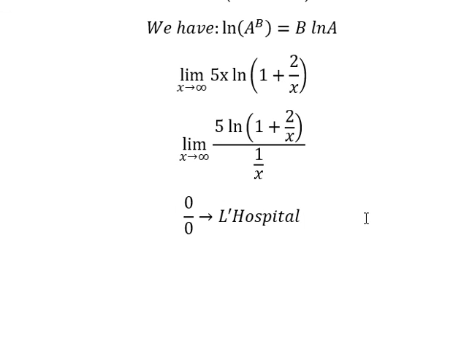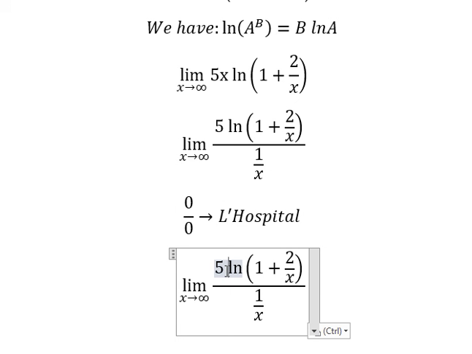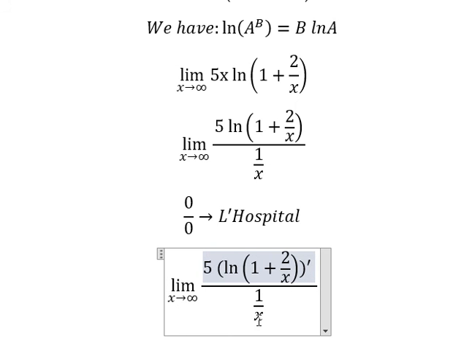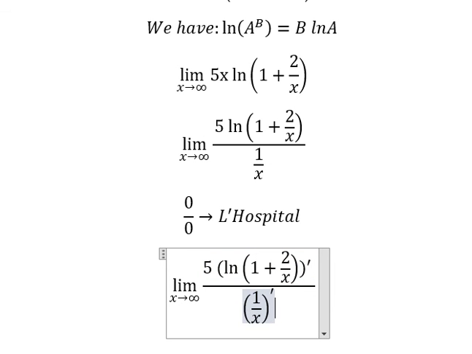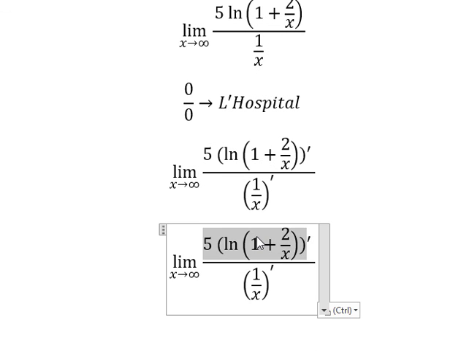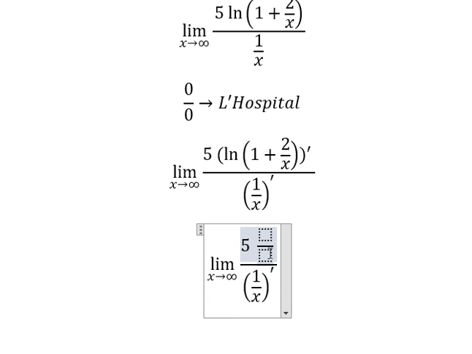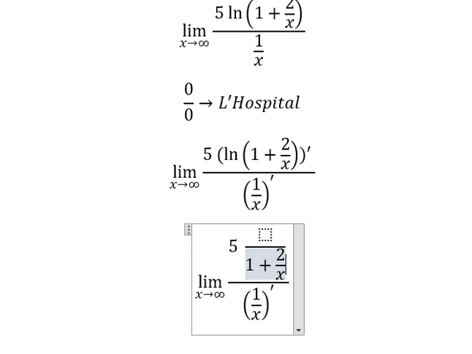So we need to do first derivative on numerator and denominator. So for this one, you will have about number 5 multiplied by 1 plus 2 over s.